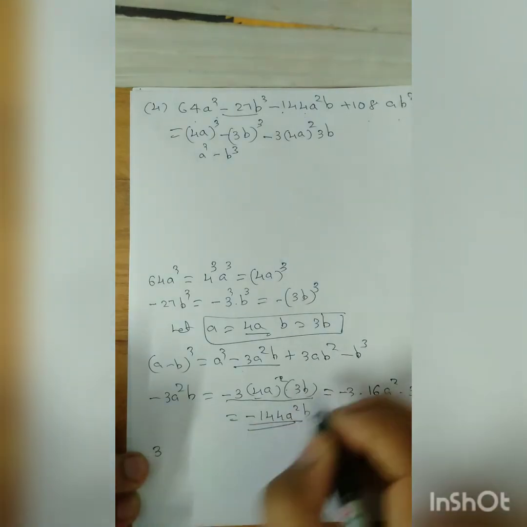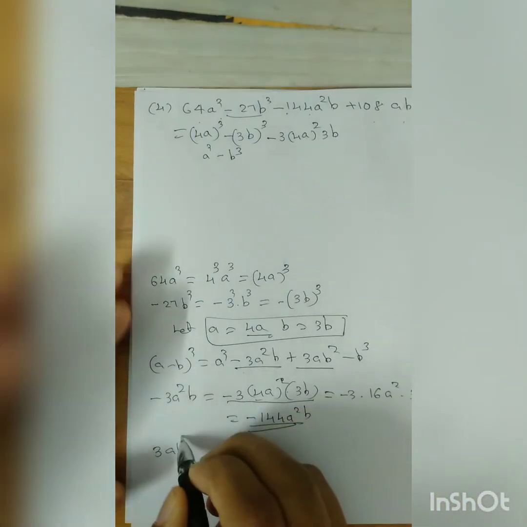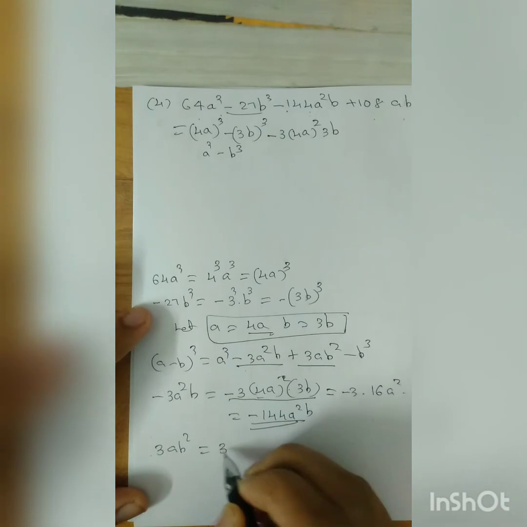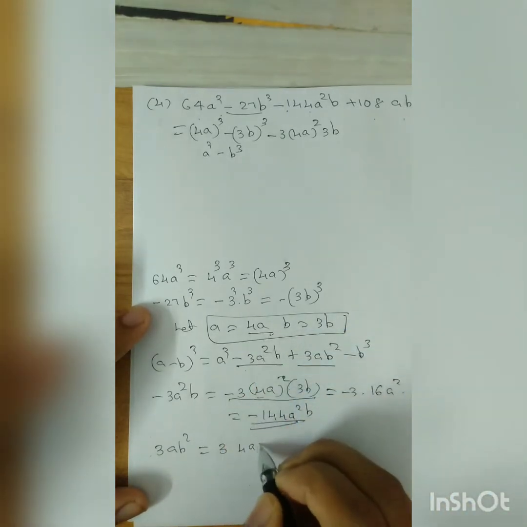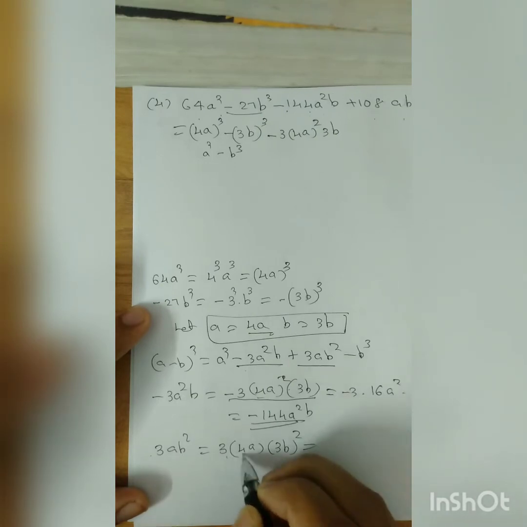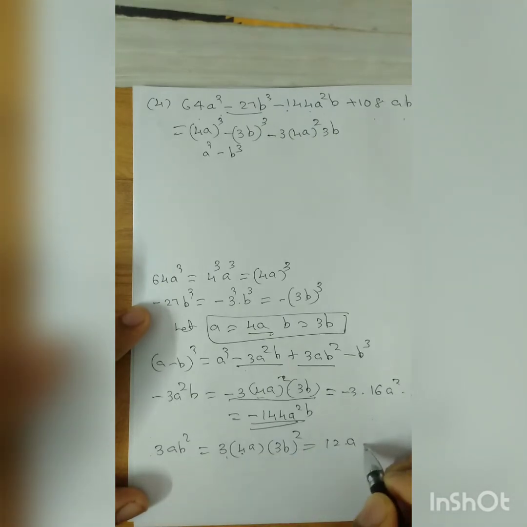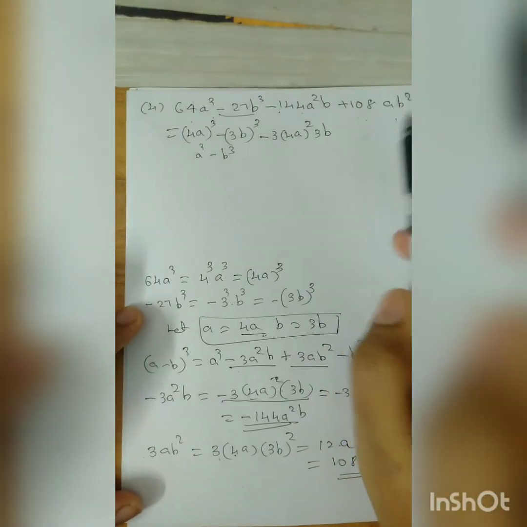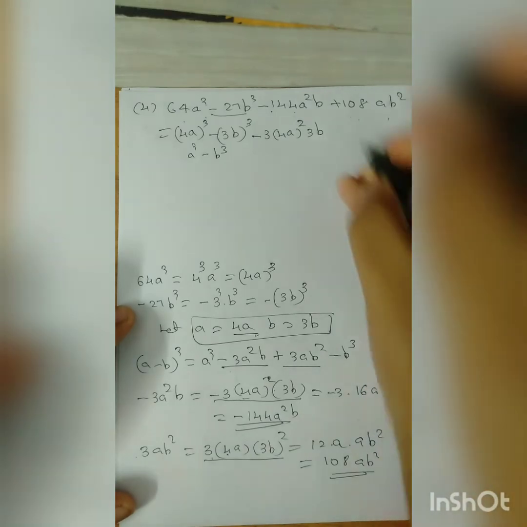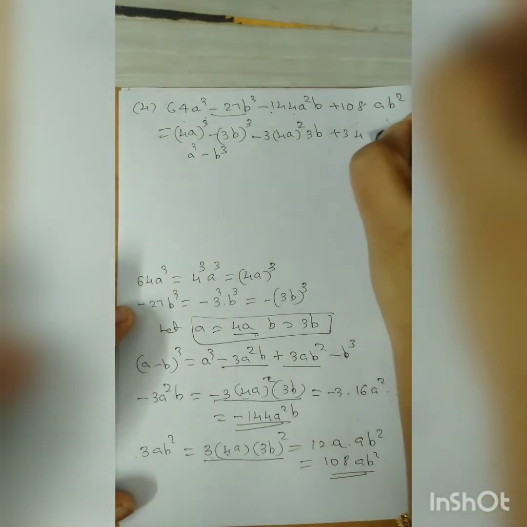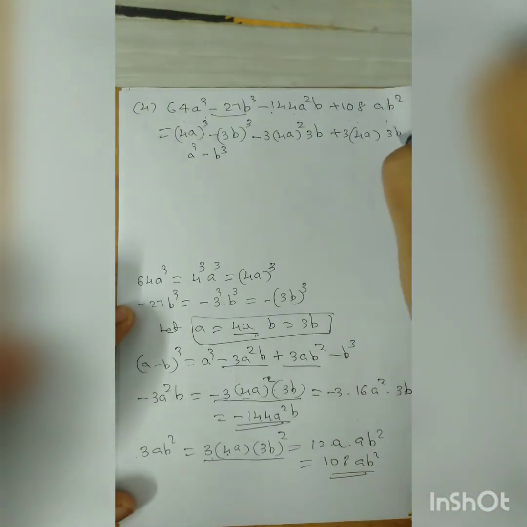Then next consider 3ab squared, which is equal to 3 into 4a into 3b squared, that is 9b squared, which is equal to 108ab squared. So the term 108ab squared can be written as plus 3 into 4a into 3b the whole squared.